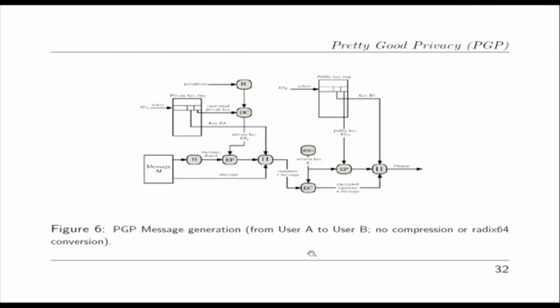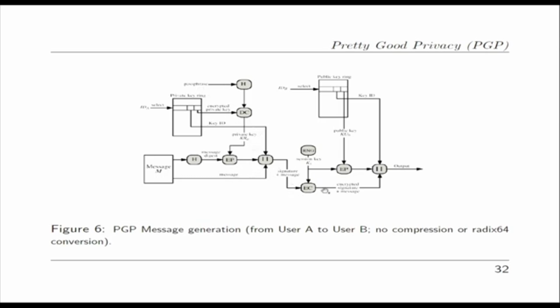And this is the PGP message generation structure which we have discussed. The ID gives us the encrypted key from the key ring here. So we get the ID, then the message is hashed, then we apply the encryption. This is the public key encryption, and this public key we are getting from here.